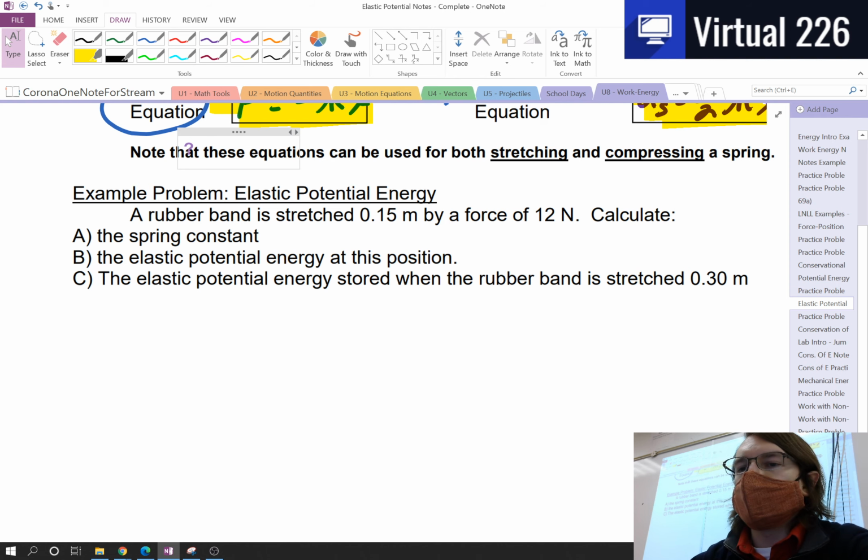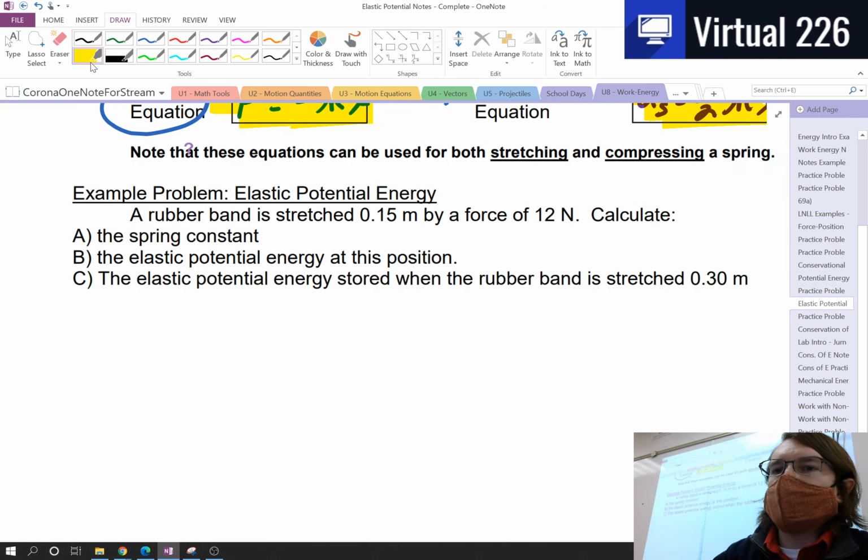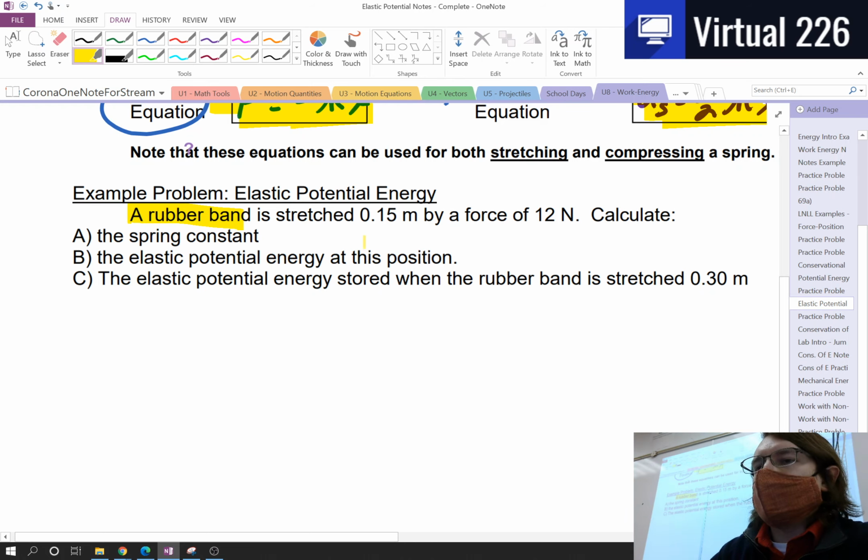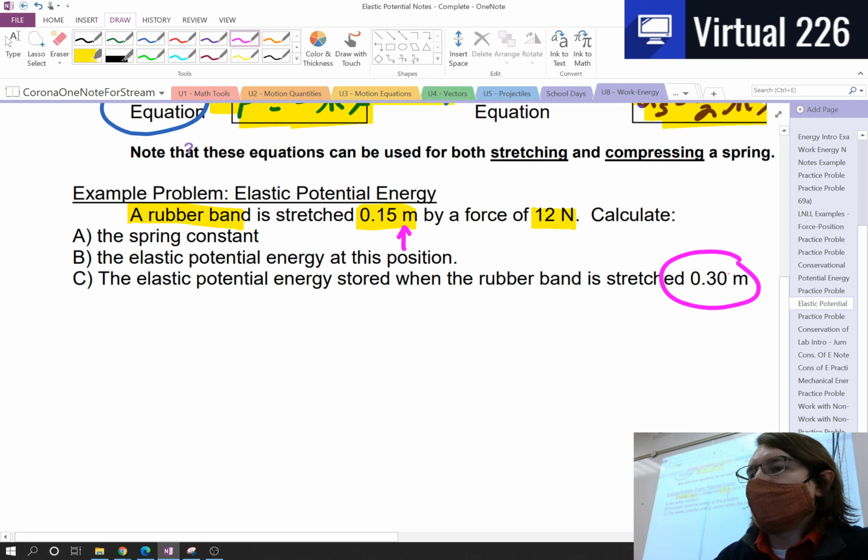So in our example here, what we're going to be looking at is an example problem for elastic potential energy. We have a rubber band, ta-da, and it's stretched 0.15 meters by a force of 12 newtons. We need to calculate three things: the spring constant, the elastic potential energy at the position of 0.15 meters, and then the elastic potential energy when we stretch it to 0.3 meters.